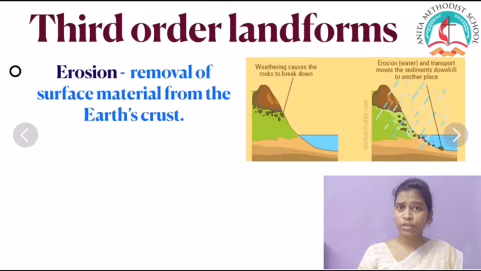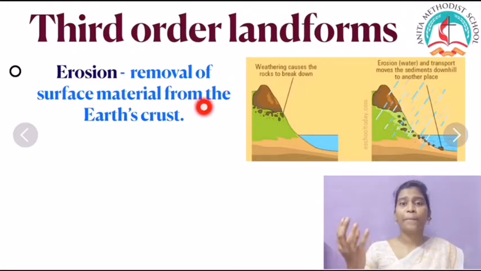Now, what do we mean by erosional and depositional activities? The earth's material gets eroded or removed from the higher lying landforms by the wind or by the water or by the waves. Erosion is the process of removal of Earth's material from the crust.